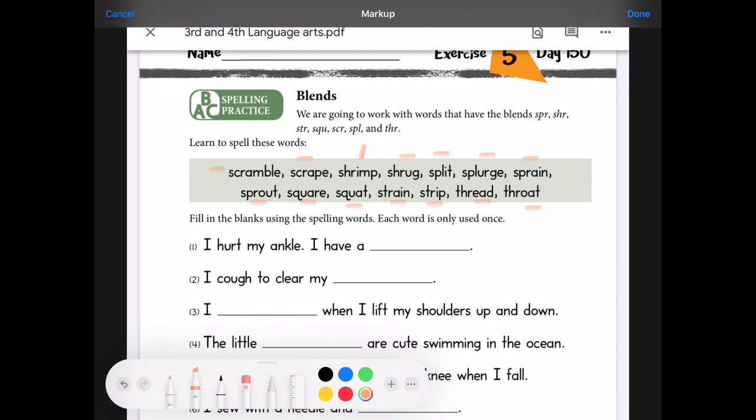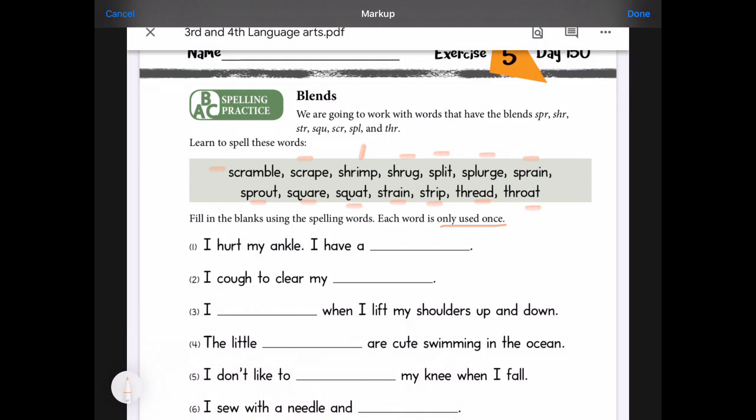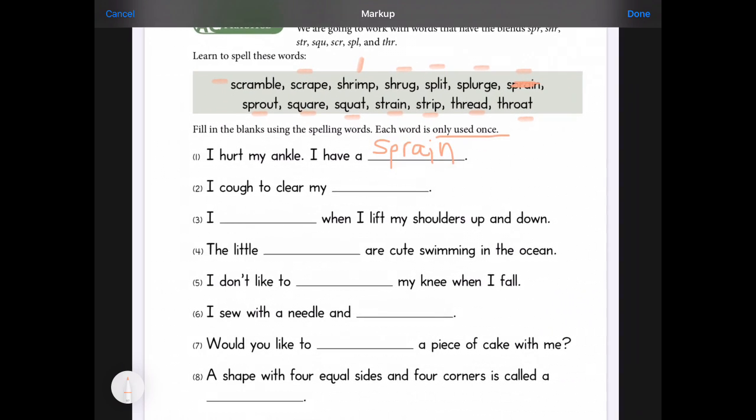All right? So with your pencil, you are going to fill in the blanks using these words, and each one is only used once. After you've used it, scratch it off so you don't get confused. Number one, I hurt my ankle. I have a sprain. S-P-R-A-I-N, sprain. Let's do a harder one.